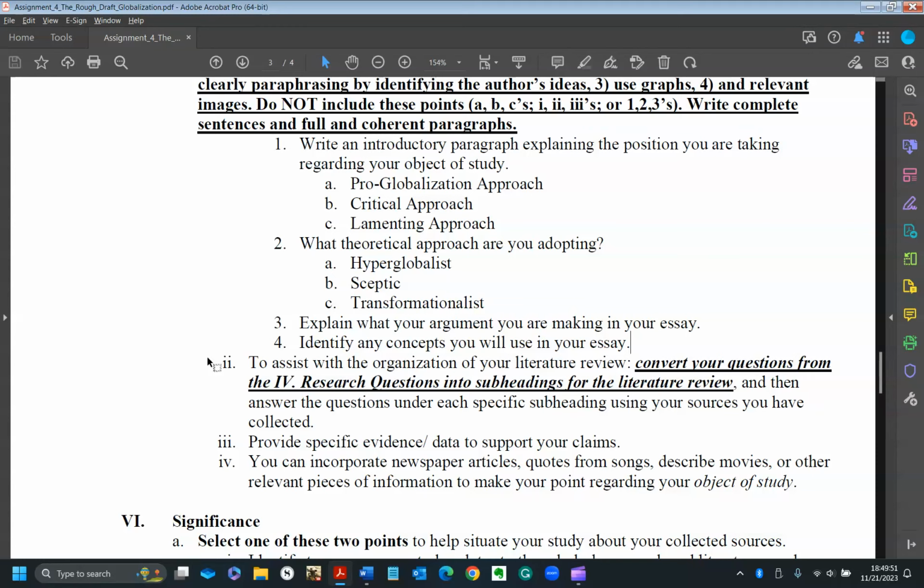When you're using a quote from a source that you selected, you have to contextualize what they are saying in relationship to your argument, or to the topic that you're discussing.